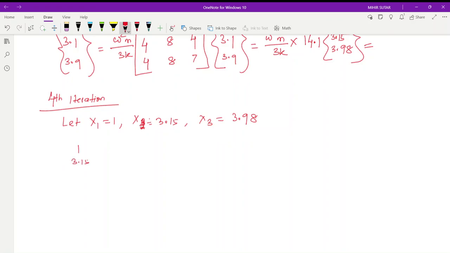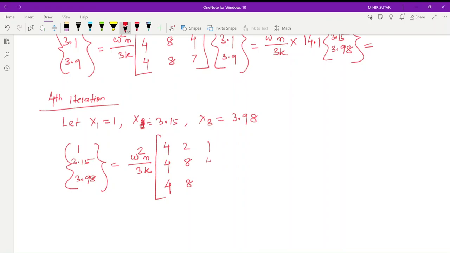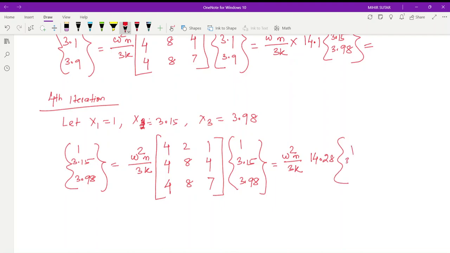So 1, 3.15, 3.98 is equal to omega square m by 3k into 4 4 4, 2 8 8, 1 4 7 into 1, 3.15, 3.98, which is equal to omega square m by 3k into 14.28 times 1, 3.16, 4.0.